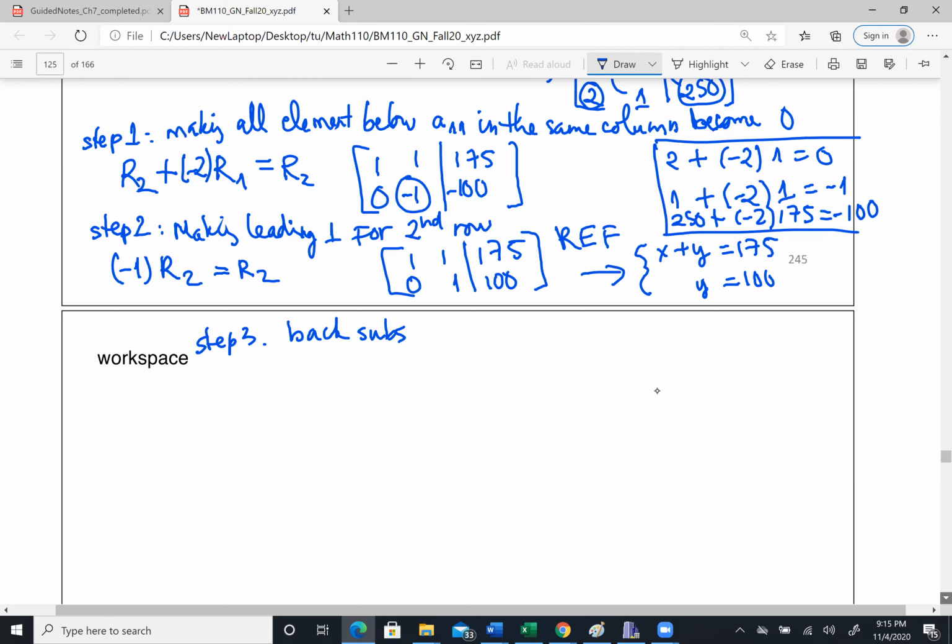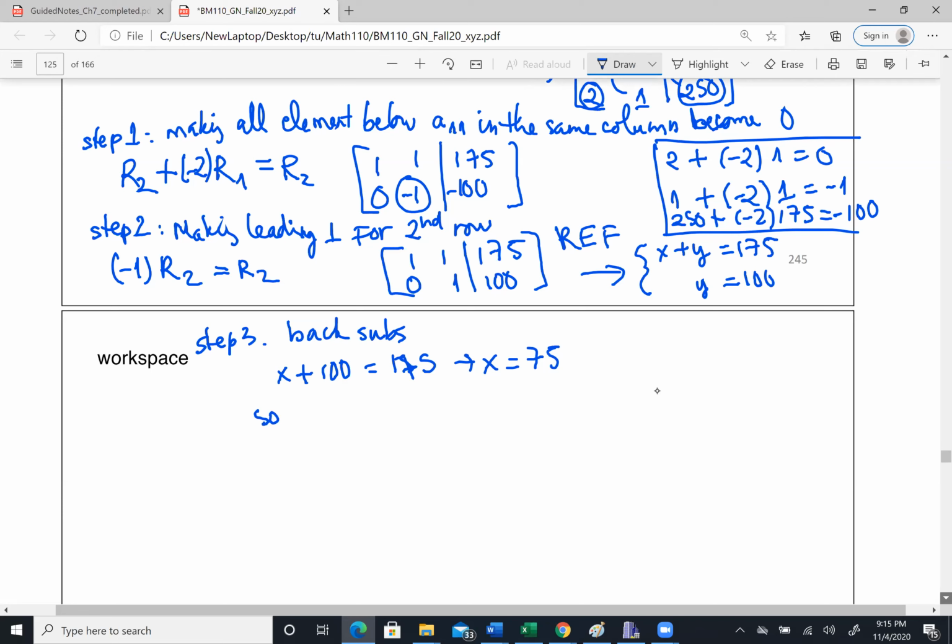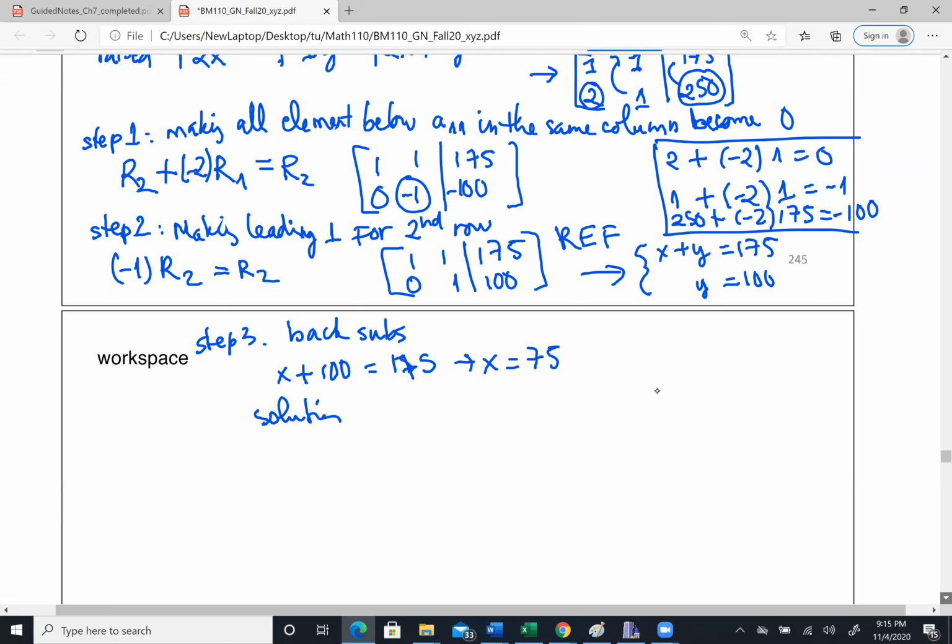We have Y equals 100, so X plus 100 equals 175. That will give you X equal to 75. So the solution is X equal to 75, Y equal to 100, or in the other form, (75, 100).